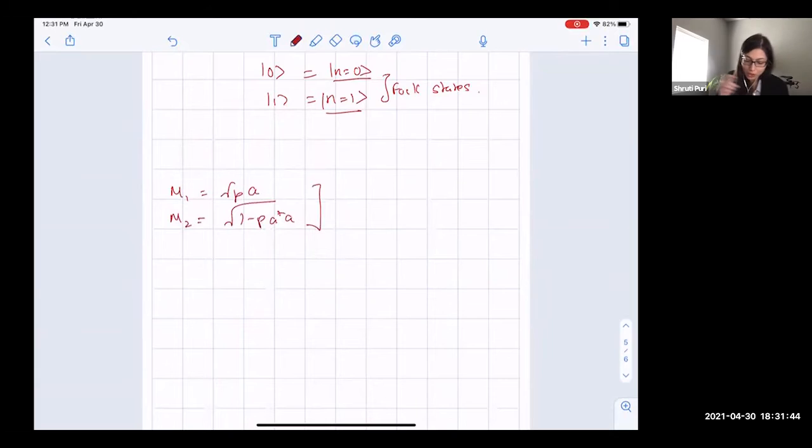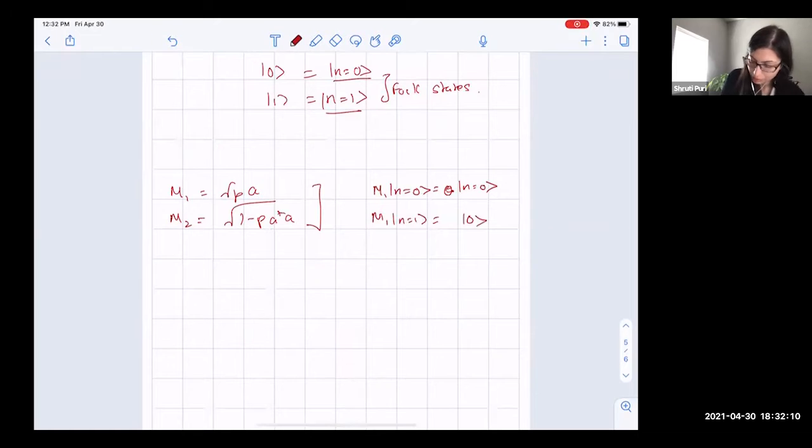Okay, so these are the two Kraus operators that I'm interested in. M1 is not going to do anything to my 0 state, it's the eigenstate, so it gives 0. And then M1 acting on the 1 state is just going to give me the 0 state.